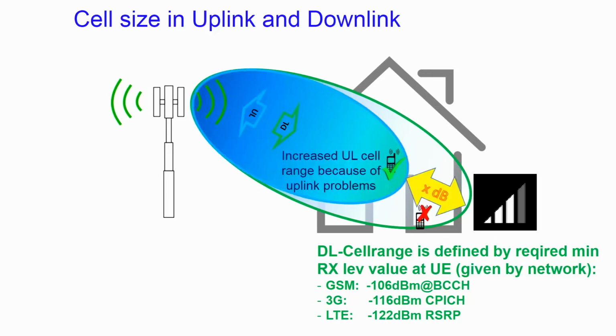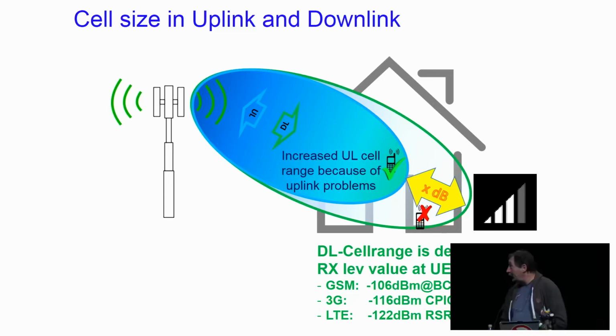The cell size of the uplink must not be smaller. If it were smaller, then it wouldn't make sense to have a reception channel because I can send nothing back.